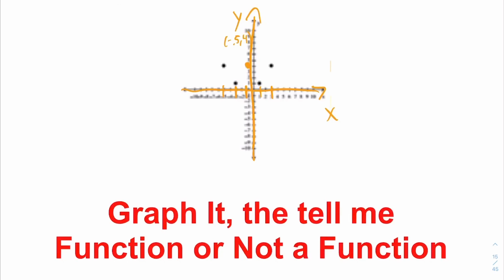This next one is going to be at -2, 1. -3, 4, 1, 1, 2, 4. None of the x's have 2 answers for it. None of them have 2 y's, so this is a function.